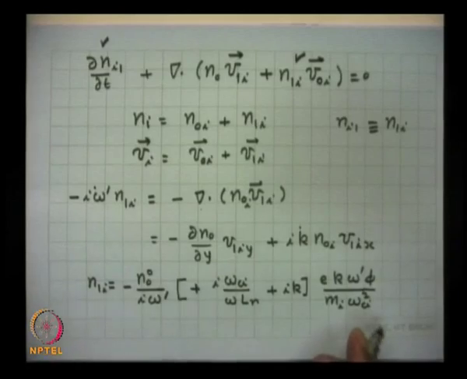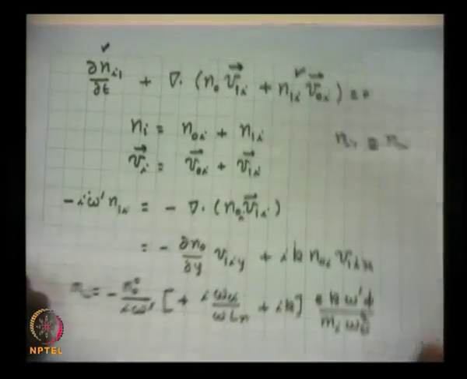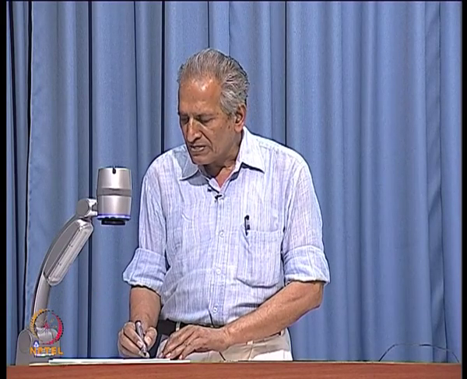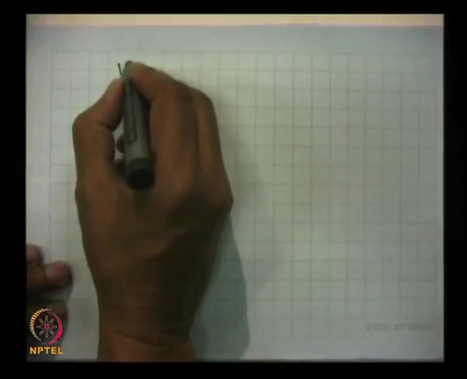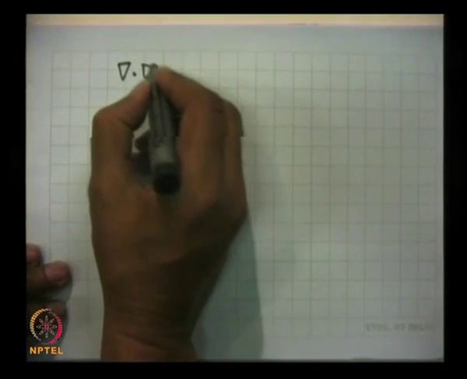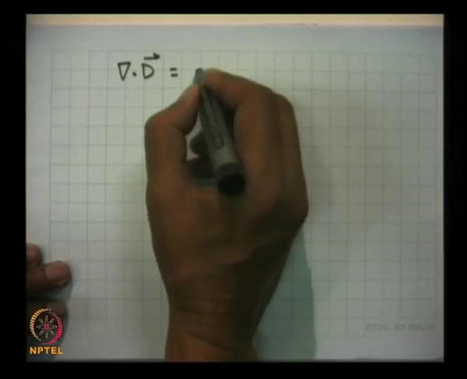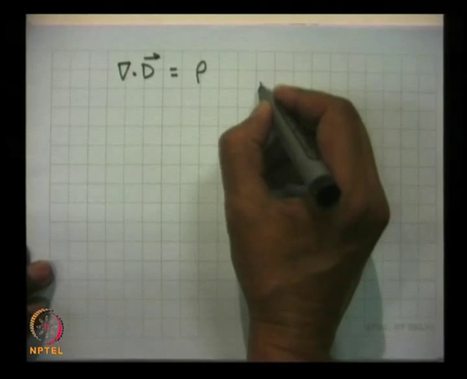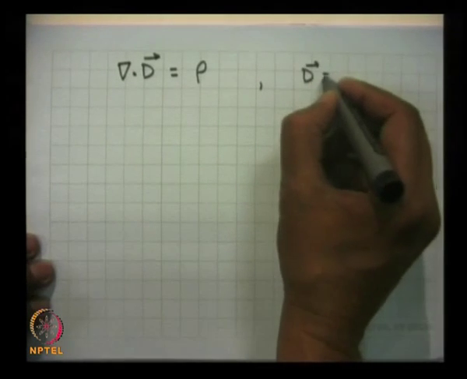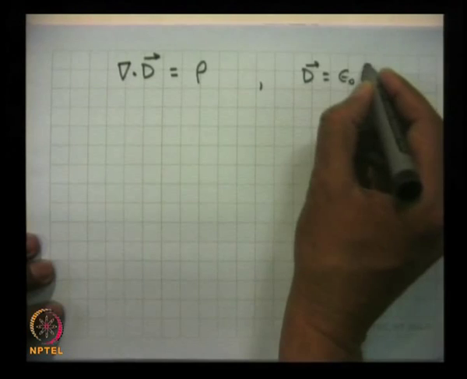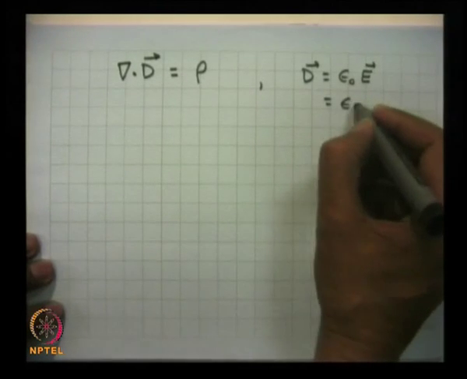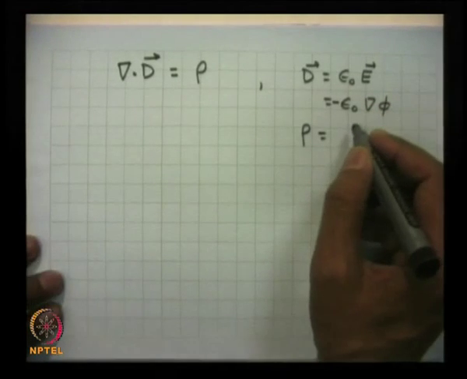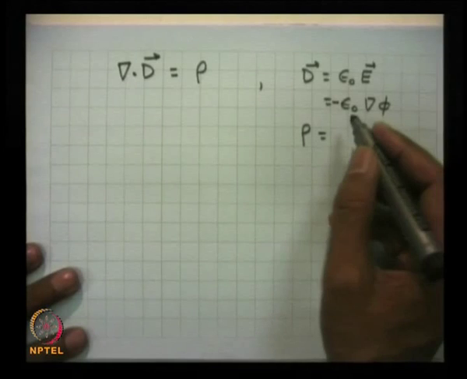After I have obtained the perturbations in density of electrons and ions, it is simple to obtain the dispersion relation by using the Poisson equation, which turns out to be divergence of D is equal to rho. This is the Poisson equation. When I substitute D is equal to epsilon 0 E and E as minus grad phi, and rho, which is the charge density of electrons and ions together.